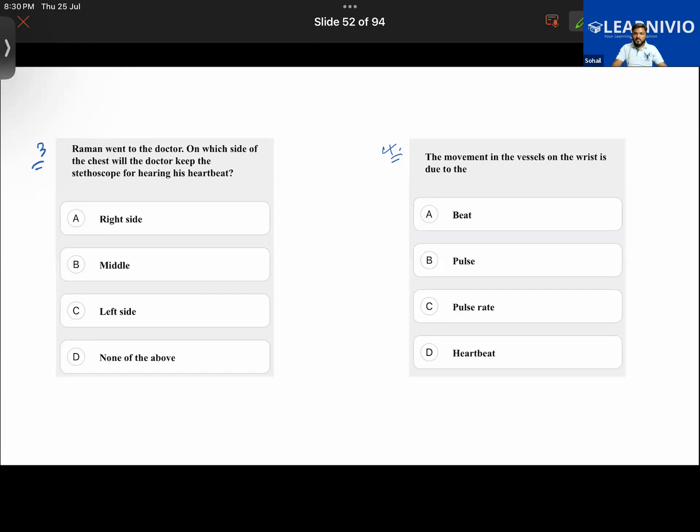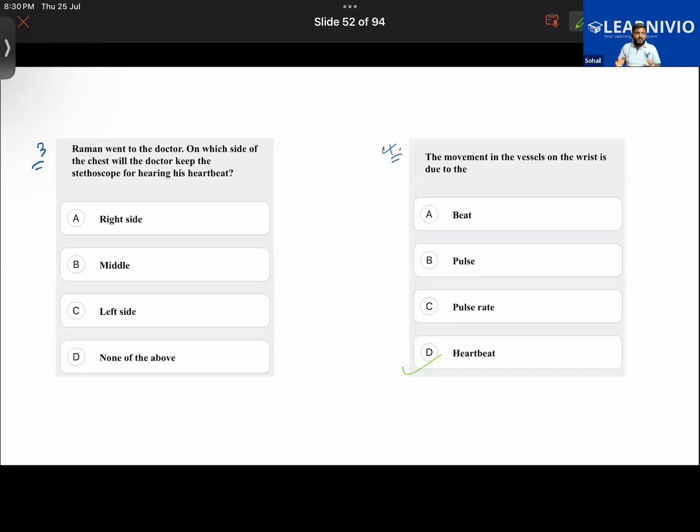For the second one, is it C or D? It's D actually. Option number D, heartbeat. Sir, when I said A, I was thinking of heartbeat, but I didn't see the D option actually. Yeah, no worries.